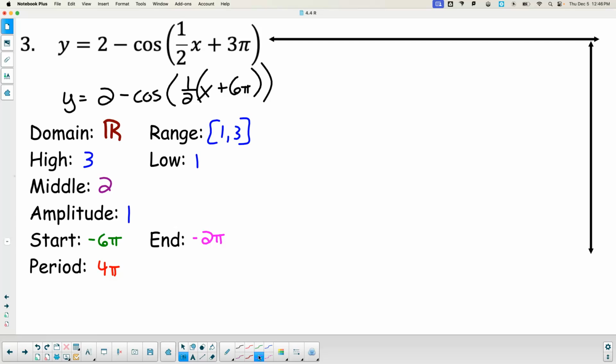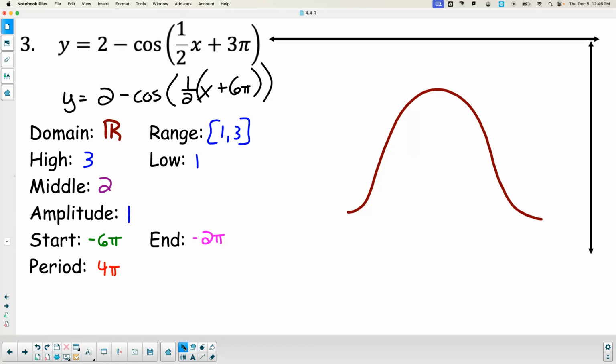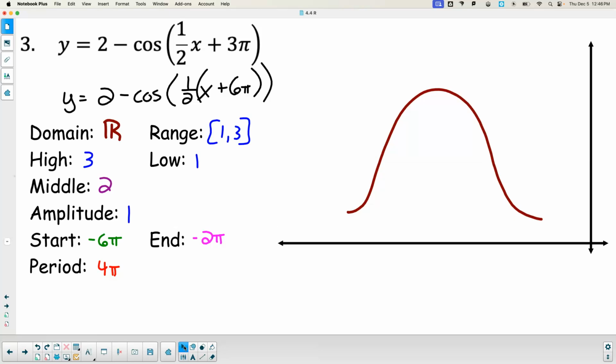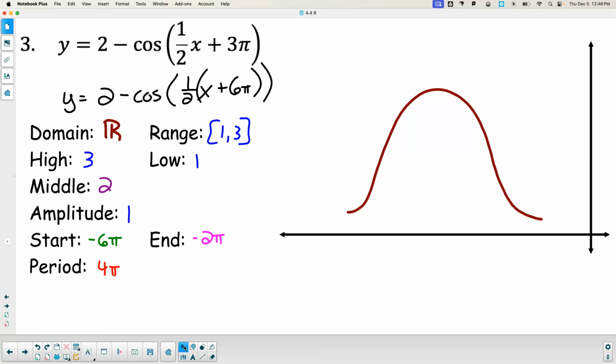Because we got a negative a value. And so we go to 1 to 3.